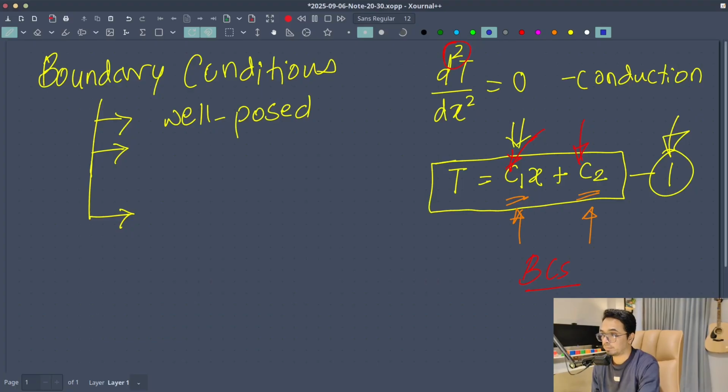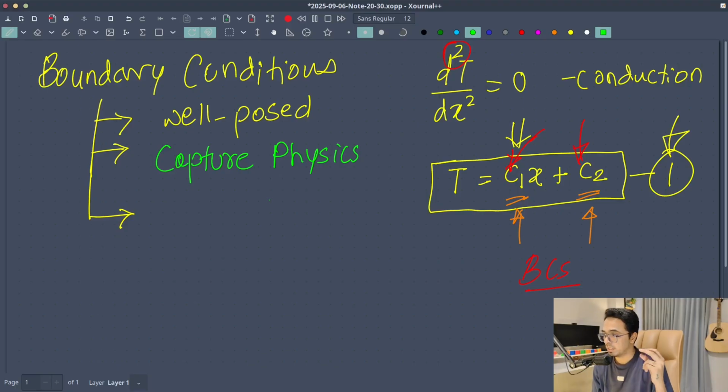Second is that boundary conditions help us capture the physics. And what does that mean? Very simple. If you have watched the first video that I released the other day, in that for 2 hours I talk about CFD and the finite difference method, and also about how CFD is used to simulate real life.